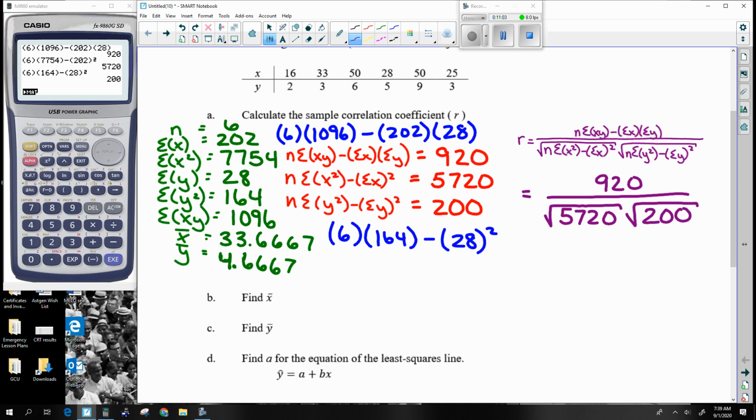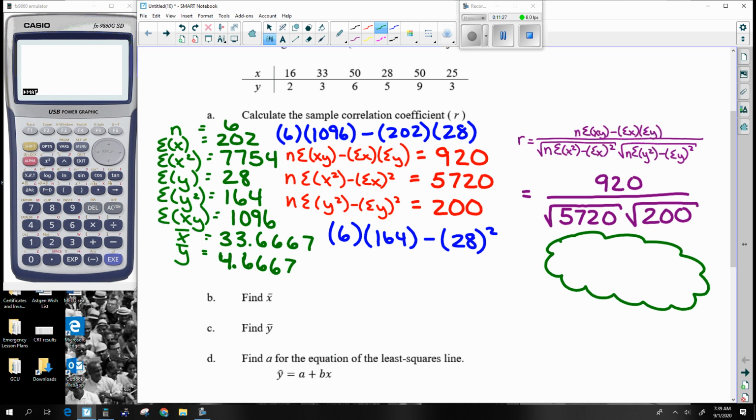Here's how I do this problem, because this denominator can cause some fits. You can sometimes do it on your calculator, and it's really easy to make a mistake. So here's what I do to get this answer. I first multiply the numbers themselves of the denominator.